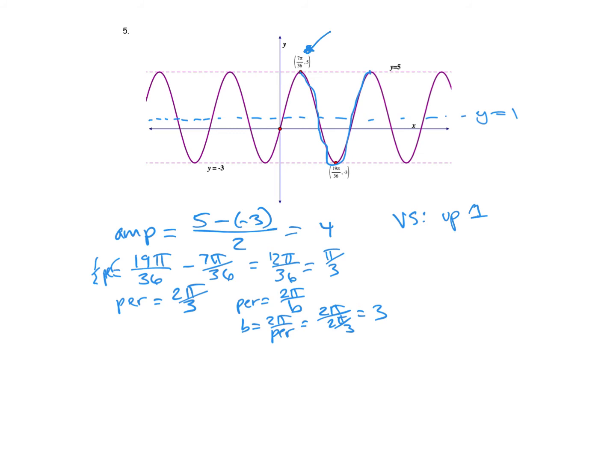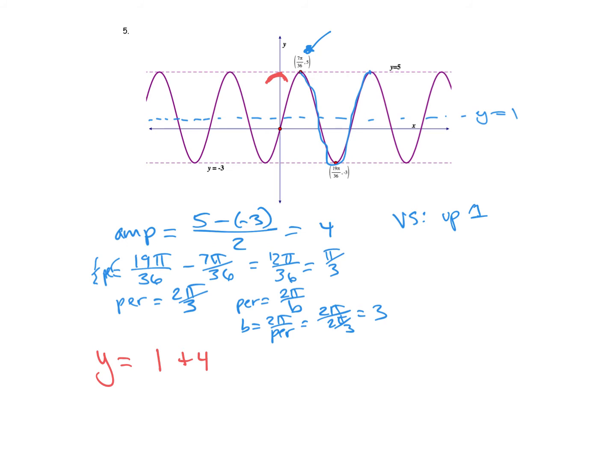Now, a cosine graph without a phase shift would start at its highest point. So the phase shift, in order to match the graph I have, is shifting to the right 7 pi over 36. So let's put that into an equation. We've got y equals, my vertical shift was up 1, and I'm going to have a positive in front of the amplitude because with cosine I'm starting at the highest point.